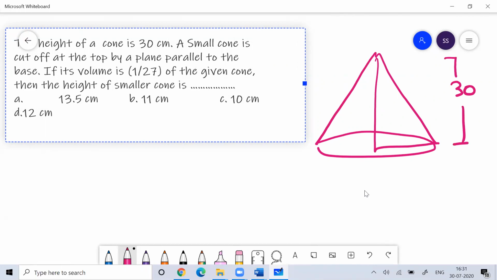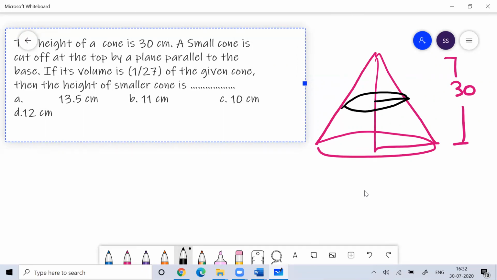A small cone is cut at the top by a plane parallel to the base. And if the volume is 1 by 27, find the height of the smaller cone.